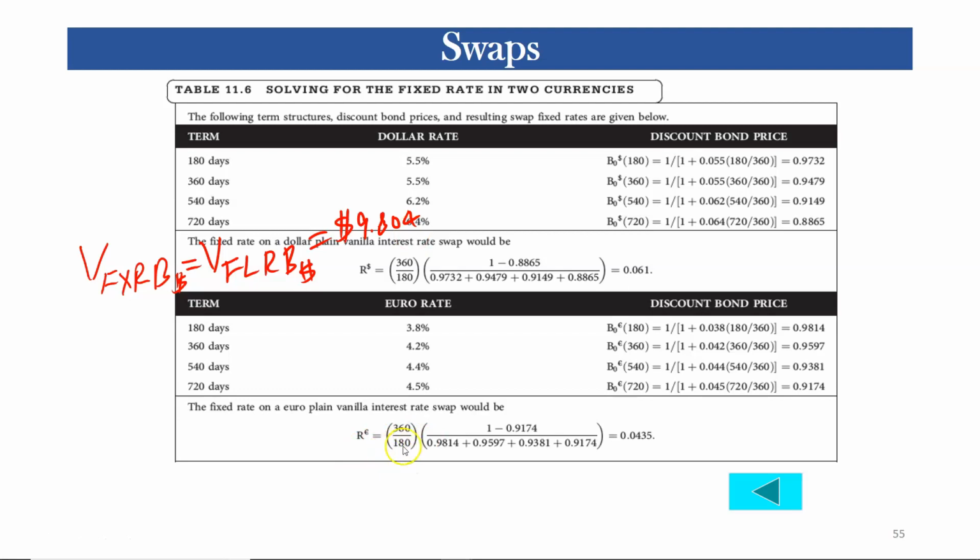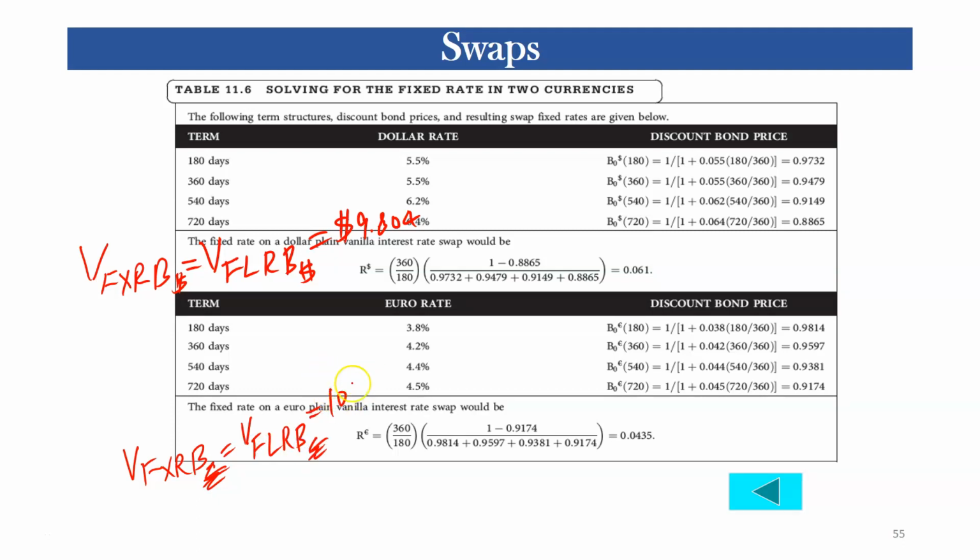Similarly, a plain vanilla interest rate swap in euros will also have its value equal to 0 at the start. That is, the value of a fixed rate bond in euros should be equal to the value of a floating rate bond in euros at the start. The notional value here is 10 million euros.